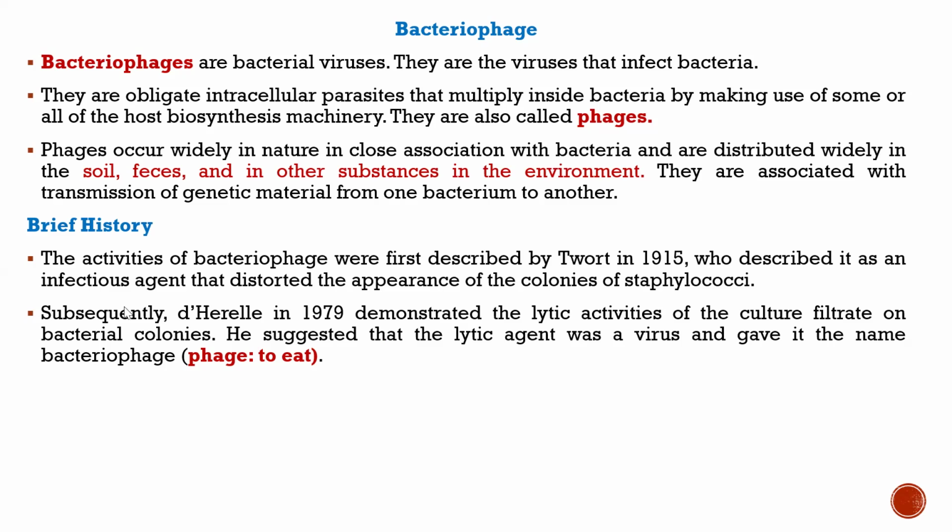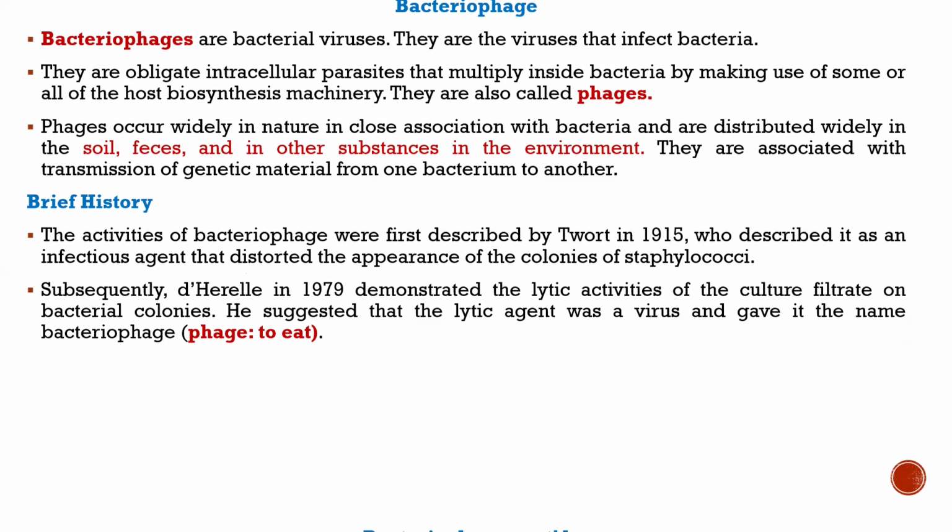Subsequently, d'Herelle in 1917 demonstrated the lytic activities of the culture filtrates on bacterial colonies. So he suggested that this agent that exhibited this lytic activity must be a virus. That's why he gave the name bacteriophage. So phage means to eat. Then bacteriophage means something that eats bacteria. So they are viruses that eat bacteria, just in a layman's understanding, all right?